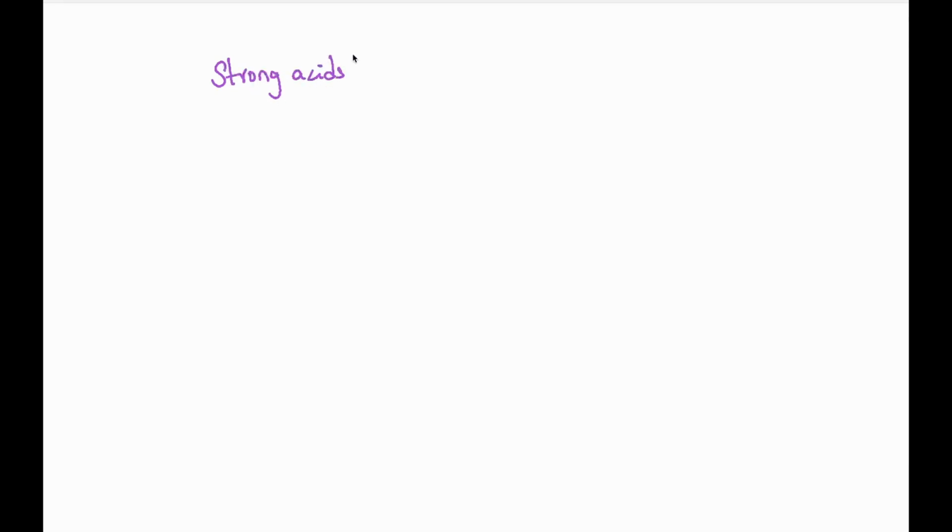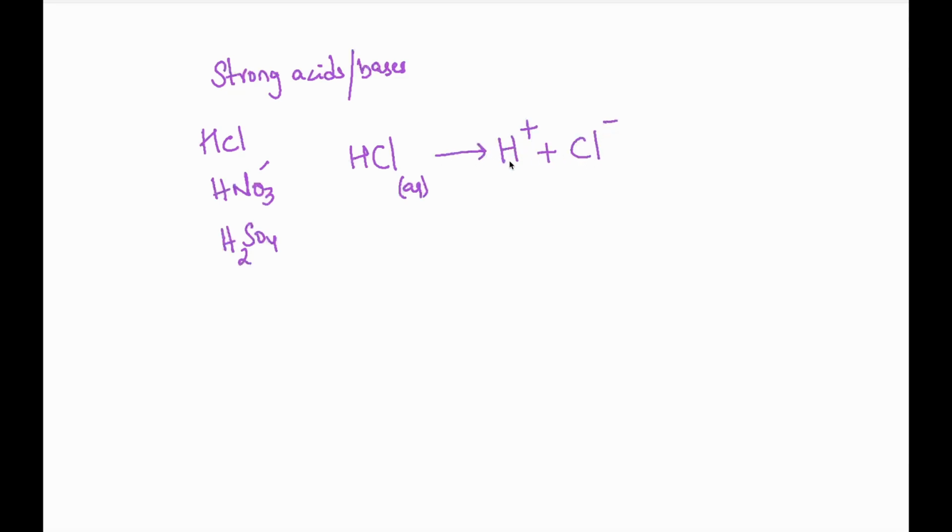Another important topic is strong acids and bases. So HCl, nitric acid, and sulfuric acid are all examples of strong acids. So HCl, as we discussed before, when we put it in water, is going to undergo complete dissociation into H+ and Cl- ions.